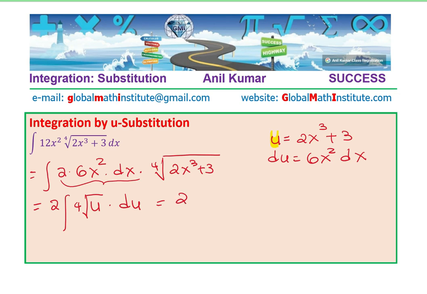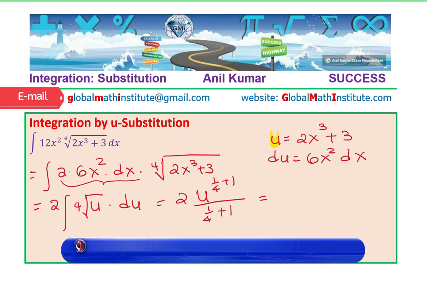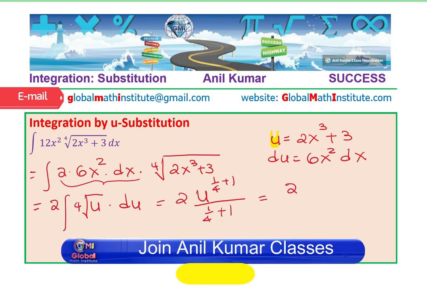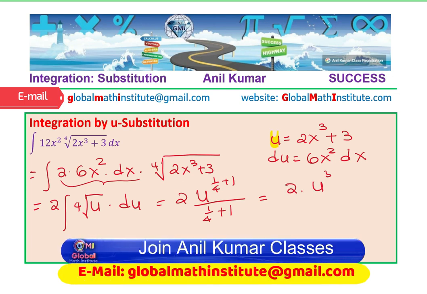Now, fourth root means u to the power of 1 over 4, right? So you'll do 1 over 4 plus 1, divided by 1 over 4 plus 1. Makes sense. Now, 5 by 4 is 1 over 4 plus 1. So you get 2 times u to the power of 5 by 4 divided by 5 by 4, right?